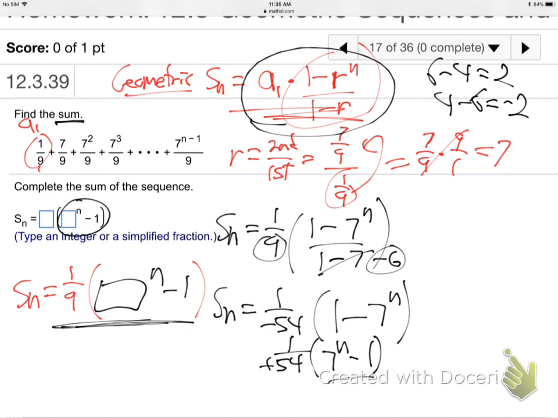I multiplied two negative 1s, which is positive 1 and no change. Exactly. I multiplied this by negative 1, flipped it around, and this by negative 1. So I did two negative 1s. I did no change, really. I just made it look different. Is that good? So this actually is going to become 1 over 54, and this would be 7 to the n minus 1. That would be the S sub n formula made to look like they want it to.